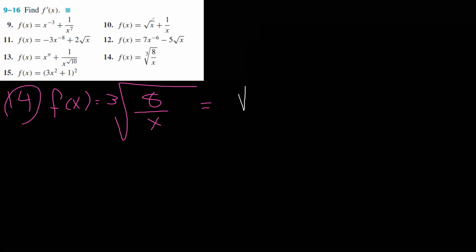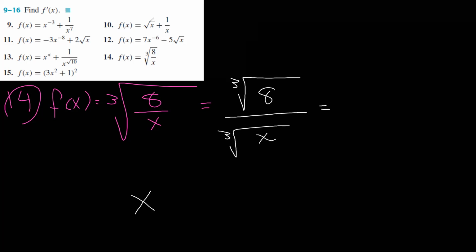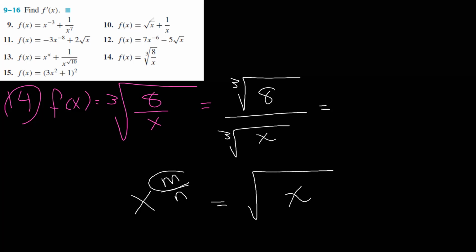I will put the cubic root up and down. Then 8 will be up and x will be down. Then after that, we told you that if you have x raised to the power m over n, it can be written as x with m, which is up, going down, and n, which is down, going up.